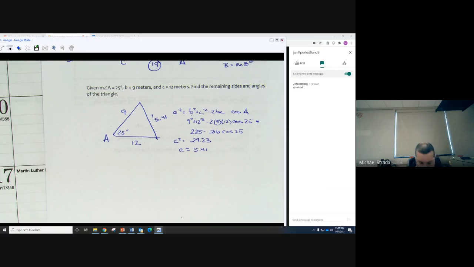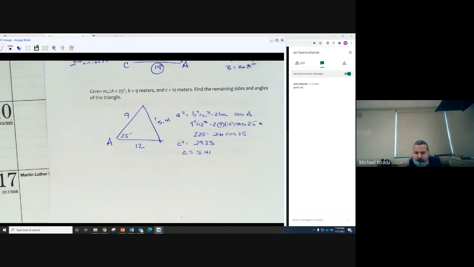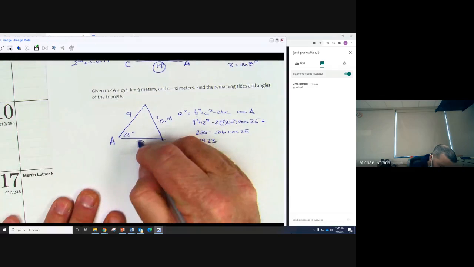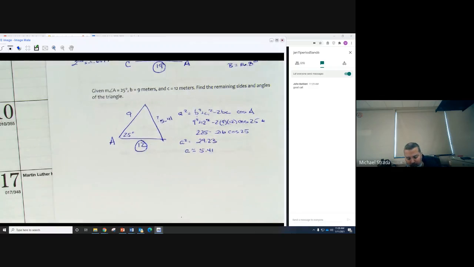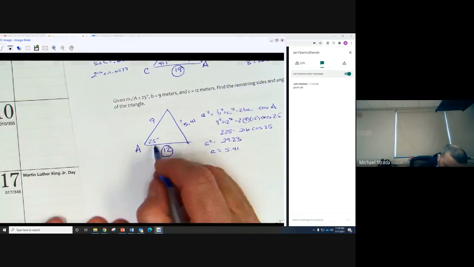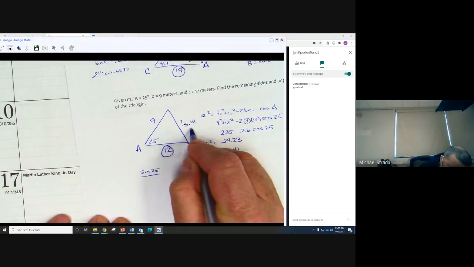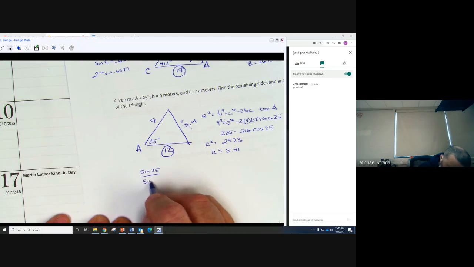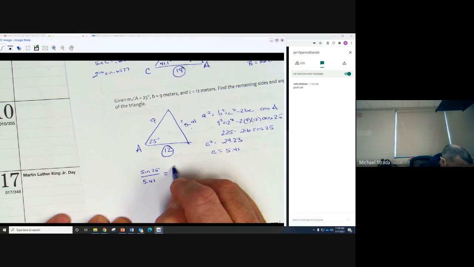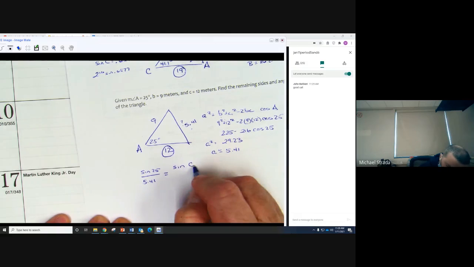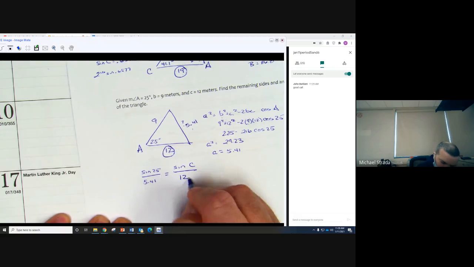Now you need to get the remaining two angles. My suggestion to you is you use the longest side once again. We'll explain why in a moment. So the sine of 25 over the side we now know that's opposite, 5.41, equals the sine of C, since that's little c, over 12.